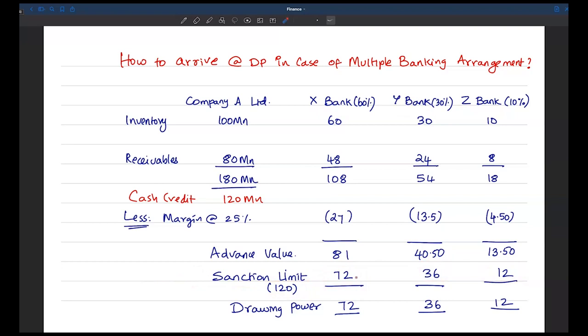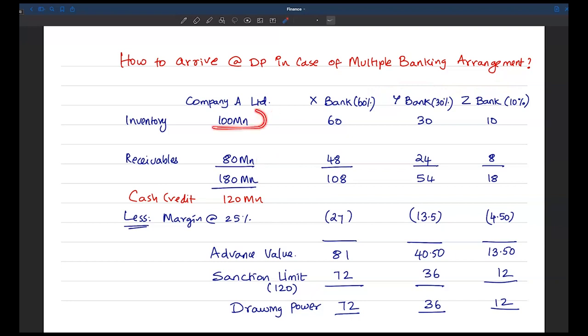So 72 out of 120, that works out to 60% for Bank X. 36 out of 120 works out to 30% for Bank Y, and 12 out of 120 works out to 10% for Bank Z. So this is the basis. So taking the 60%, 30% and 10% as the base, we have to distribute these inventory and receivables among these three banks.